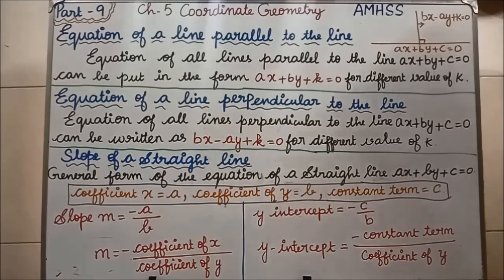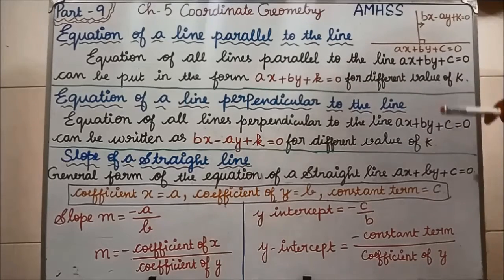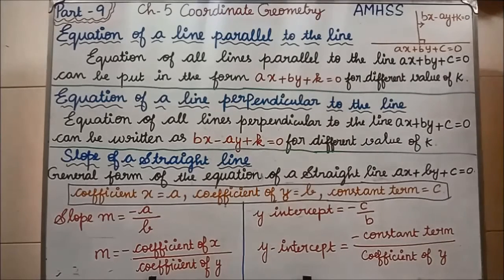Clear? You see here ax plus by plus c will change into bx. In between, the formula itself has minus. Here plus means you are going to write minus. Suppose here minus means you are going to write plus in the middle. Clear? bx minus ay. This c, instead of the c you have to write k. Clear students? Parallel means what?